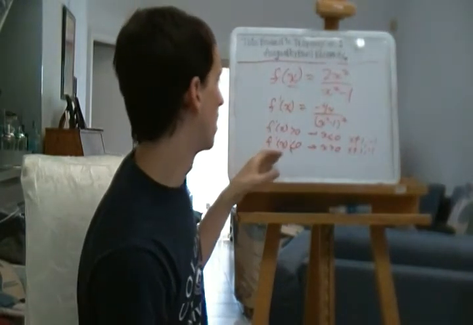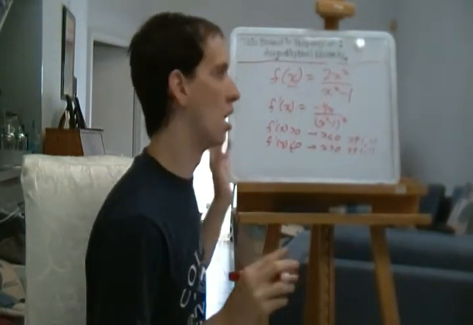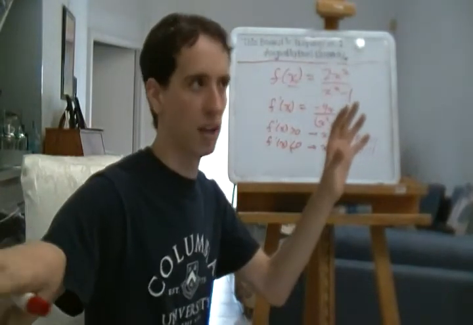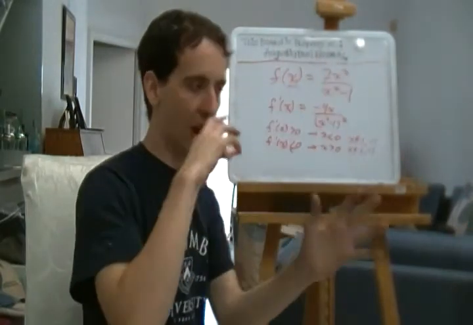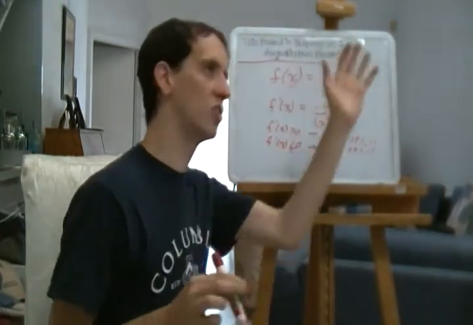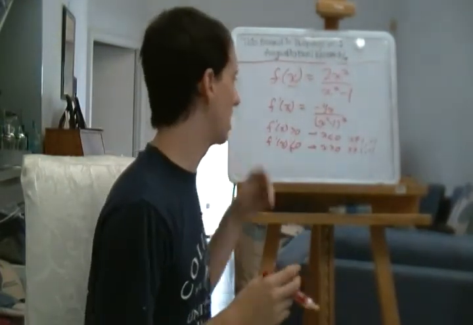So what that means is that f of x is increasing on the left side and decreasing on the right side, which gives us an idea, because we remember it's symmetrical, that there may be a parabola type thing going on here. If it's increasing on one side, decreasing on the other, and it's symmetrical, that makes us think.